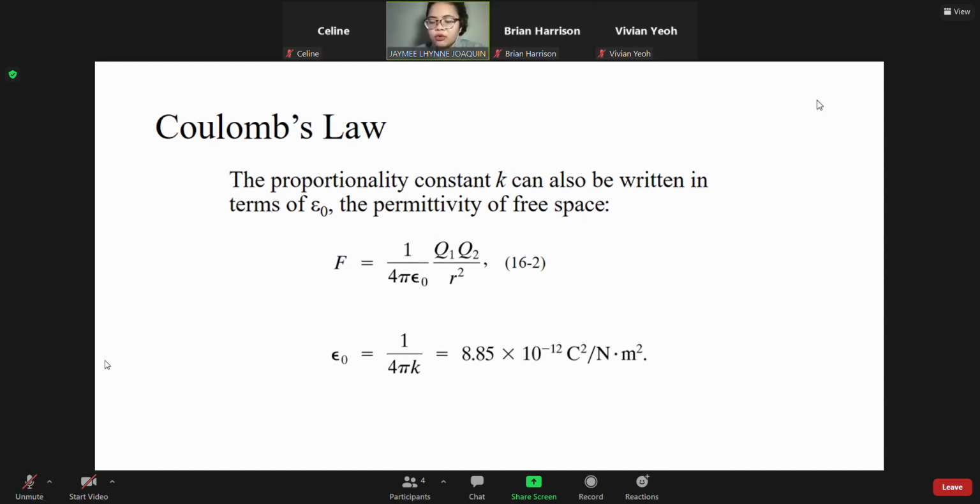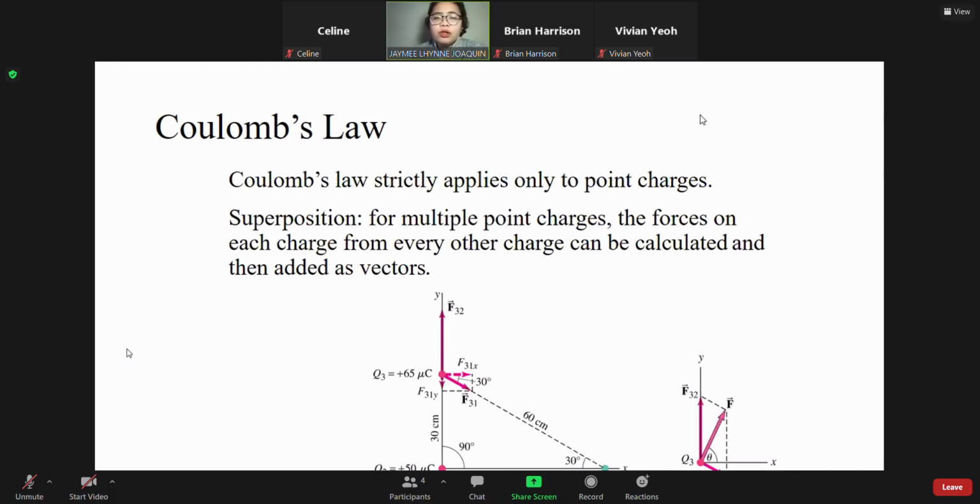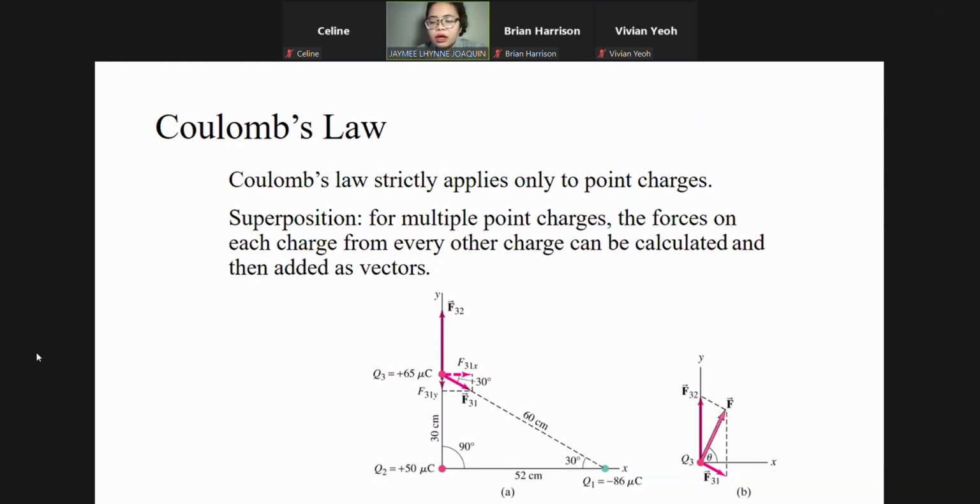Let's now continue our discussion. Like what I have said a while ago, we will be applying our idea of Coulomb's law. So Coulomb's law strictly applies only to point charges, with the exception of superposition, the principle of which you'll see later on.